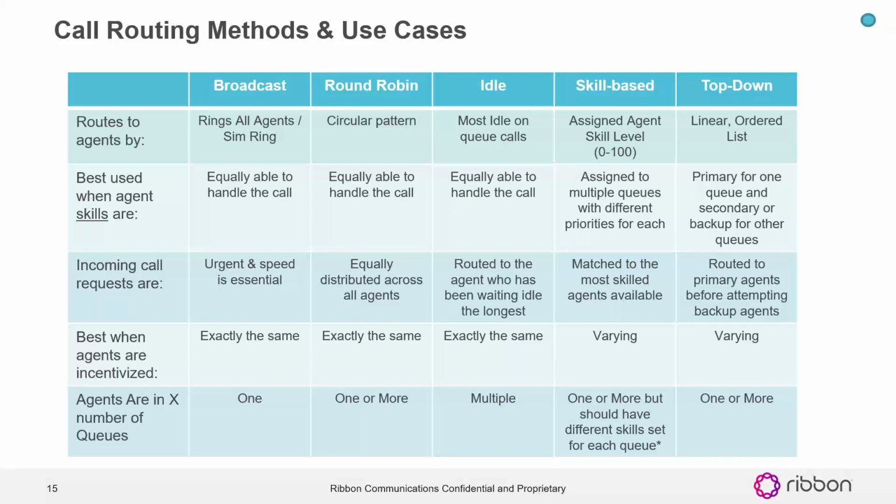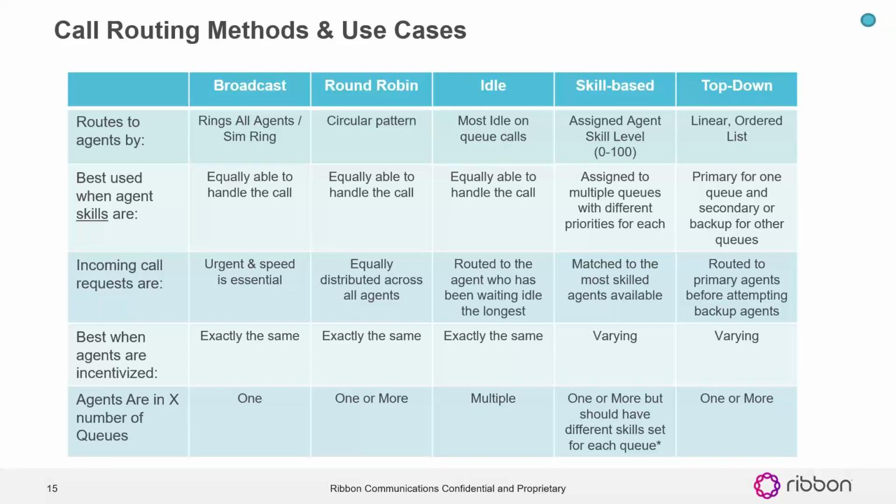And then looking at these holistically, what about different agent skill levels? What should I choose based upon the skill levels of my agents? Well, for the first 3, everybody is equally able to handle any call that comes in. Skill-based, as I just said, means some agents have higher skills than others.